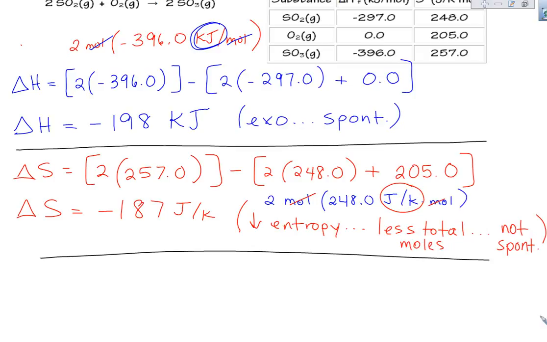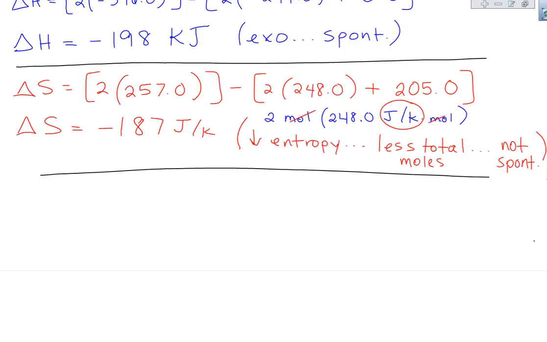Okay, so delta G, our equation, is delta H minus temperature times delta S. Plug and chug. These calculations really aren't that bad, right? Now here's the only thing that's super annoying. We've got our variables, and you'd think we should really just plug it right in, right?